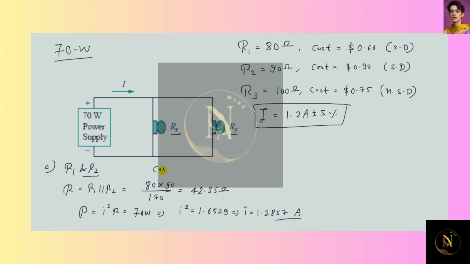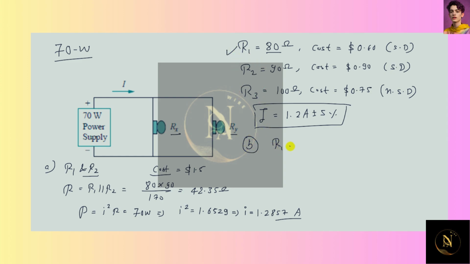The cost for 80 and 90 ohm is 0.6 plus 0.9, which is $1.5. Now case B, suppose we are using R1 and R3.